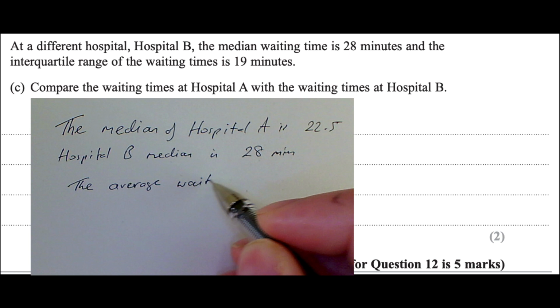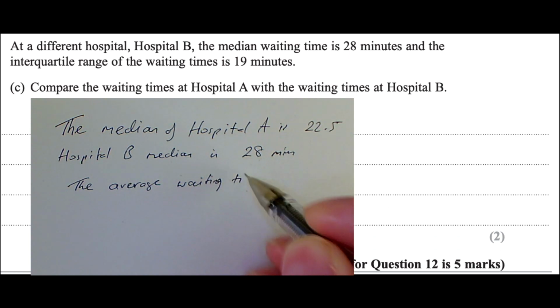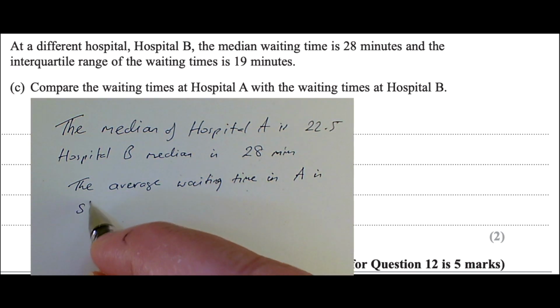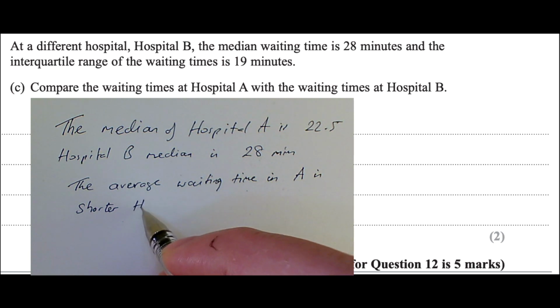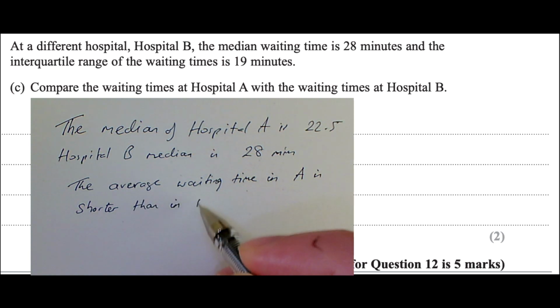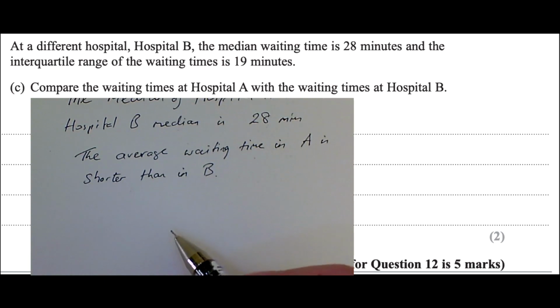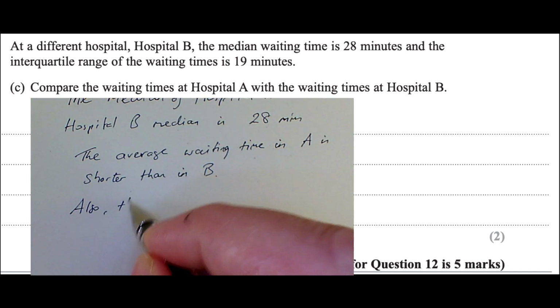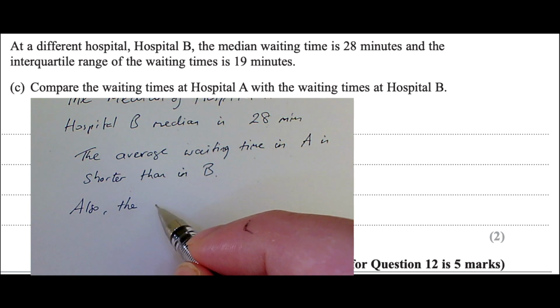So the average waiting time in Hospital A appears to be shorter, doesn't it? I think that's only going to get me 1 mark so far though, so I need to also compare the interquartile range. So here I go.